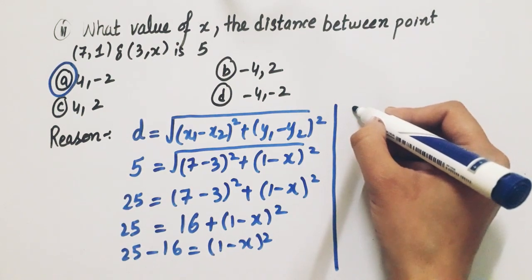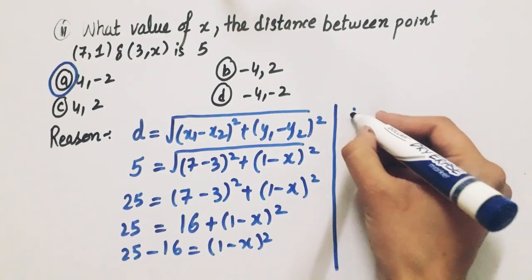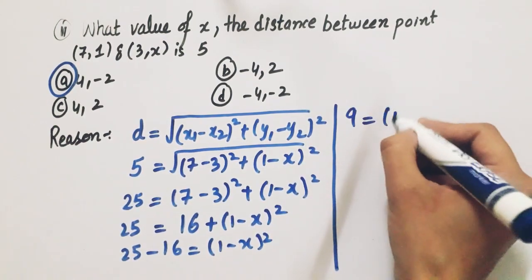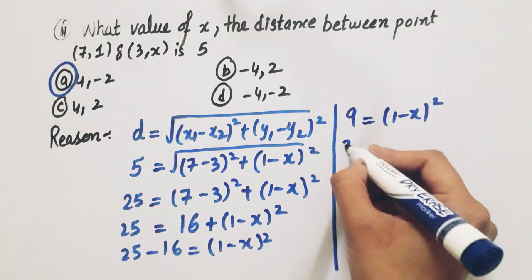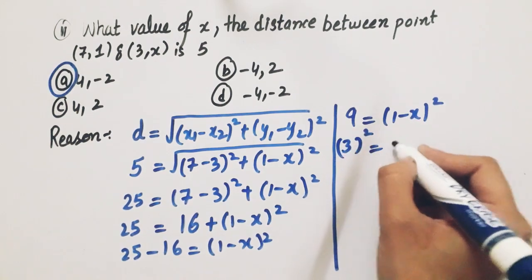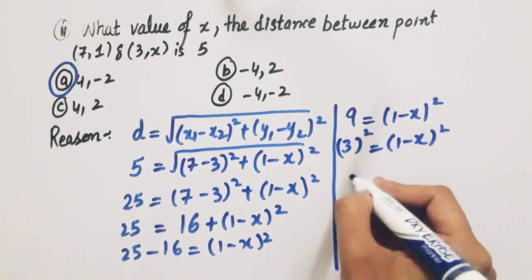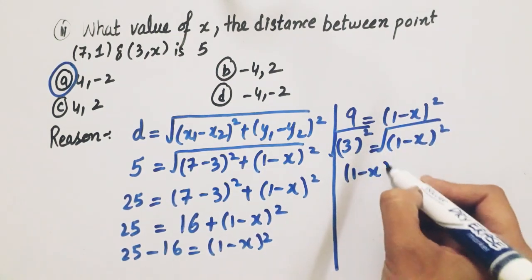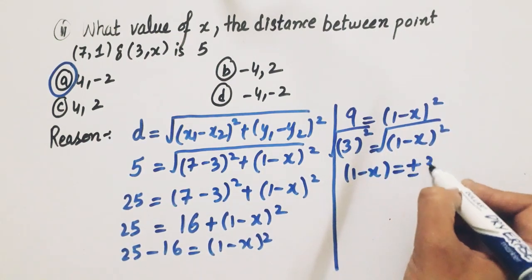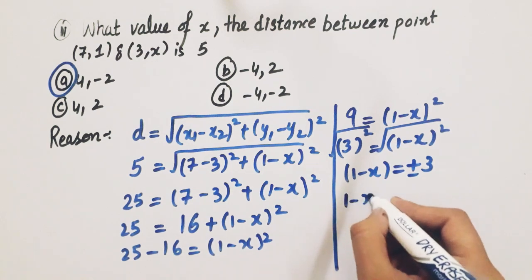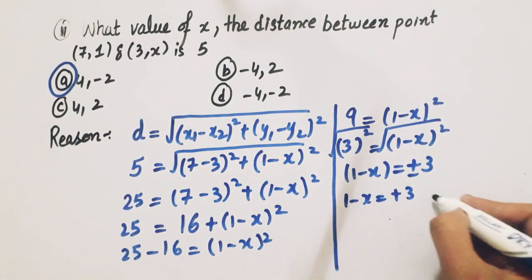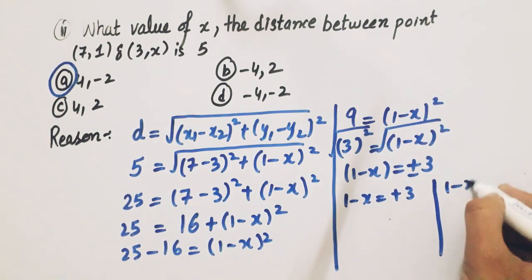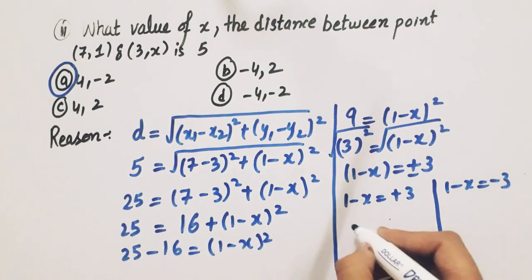So 9 is equal to 1 minus x square. So this is equal to 3 square and 1 minus x square. By taking square root on both sides, you will get 1 minus x is equal to plus minus 3. Now 1 minus x is equal to plus 3 and 1 minus x is equal to minus 3.